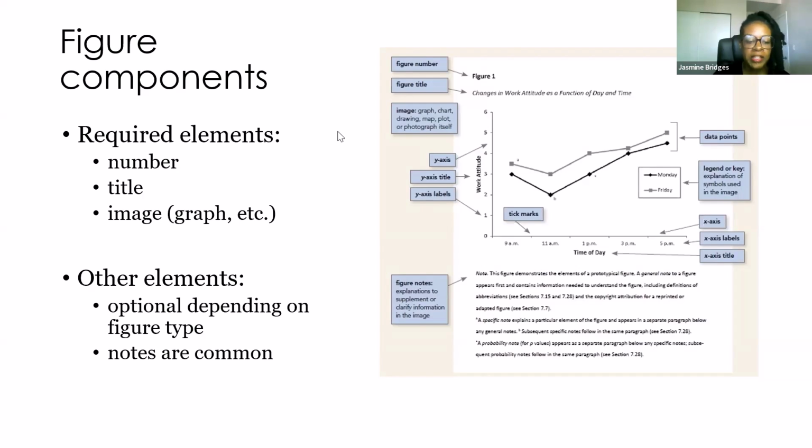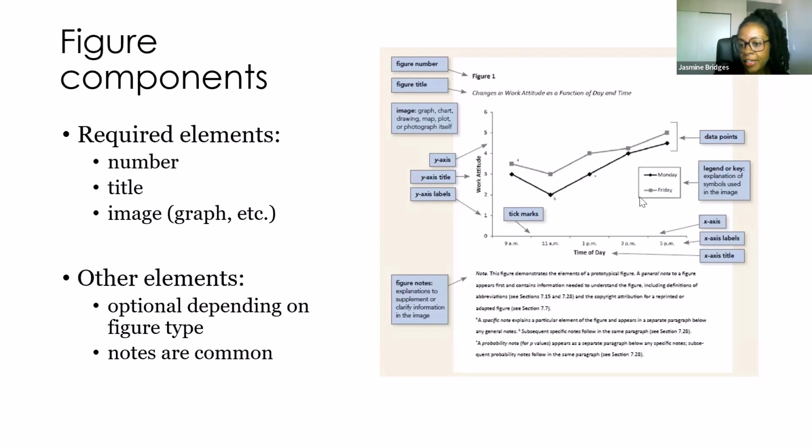Of course, there are other elements that you'll have in your figure, depending on what kind of figure you have. So here we have a line graph, and we have the axes, the y and the x axes, and we have the tick marks here. Because this is a line graph, we have the axes labels here, work attitude and time of day.